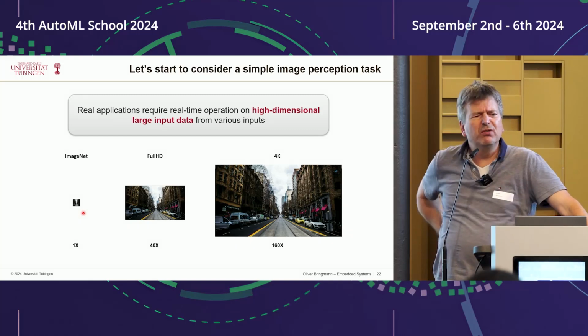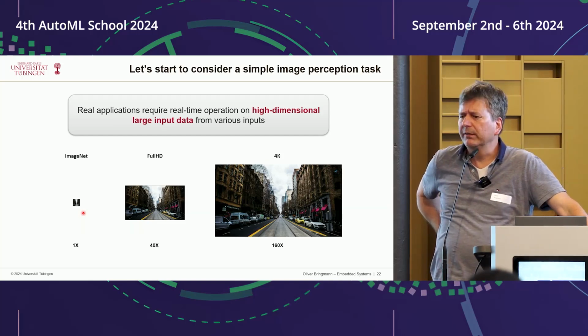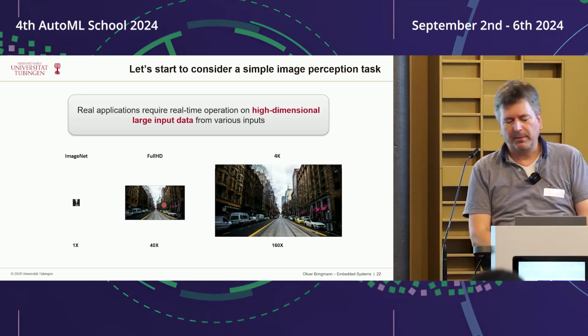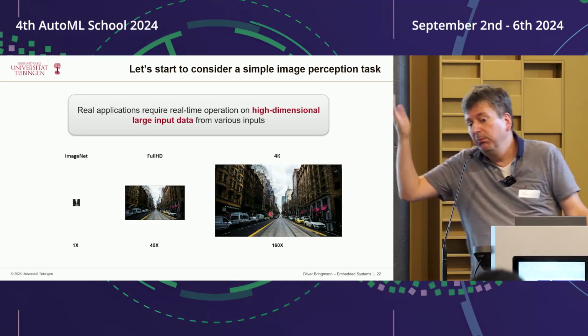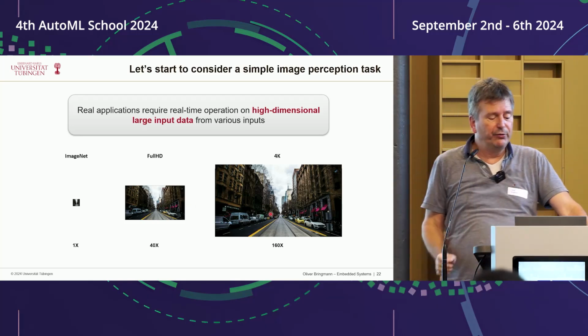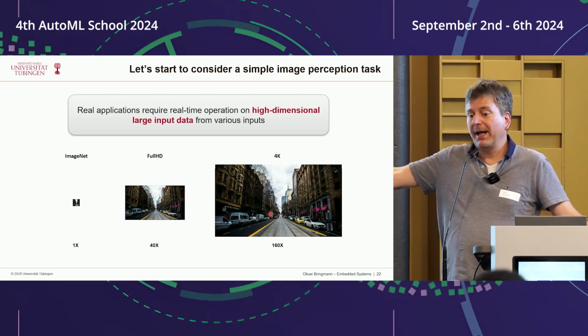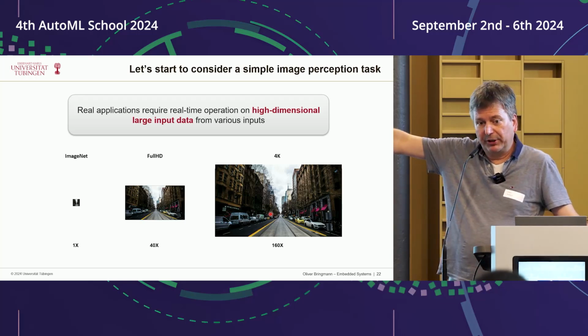We are talking about a resolution of 224 by 224, something like that. And for a vehicle we would probably like to go for full HD or maybe for 4K resolution, and that significantly impacts the complexity as well, just by considering a single function here.